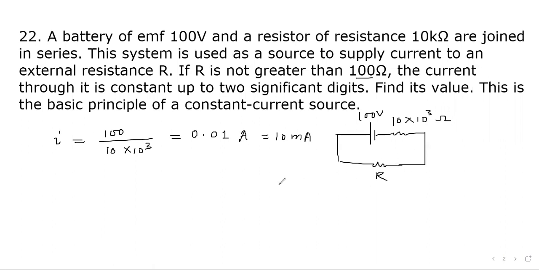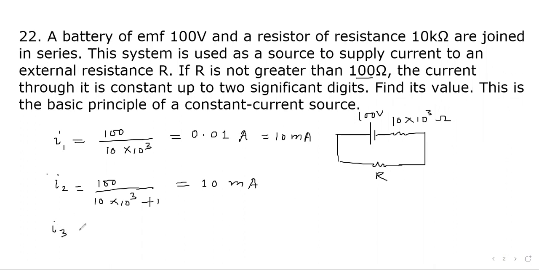Now suppose we take this resistance R equal to 1 ohm. In that case, we find the current. Suppose this is I1, this is I2. So 100 divided by 10 into 10 to the power 3 plus 1. So it will remain the same, 10 milliampere. Now suppose we increase the value of R to 100.